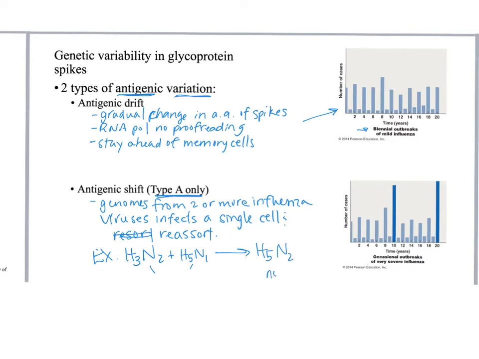Okay, and this might result in some novel virus that really hasn't been seen before and nobody would have any immunity to. Okay, so we think this kind of abrupt antigenic shift is responsible for much more severe influenza, maybe about every 10 years or so. All right, so the last time we had really severe flu was the 2008-2009 pandemic, so we're kind of due for another bad flu year.